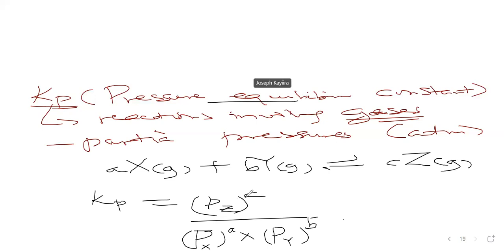It's the ratio of the product of the partial pressures of the products raised to their appropriate powers to the product of the partial pressures of the reactants raised to their appropriate powers from a stoichiometric equation at a given temperature for a reversible reaction at equilibrium.